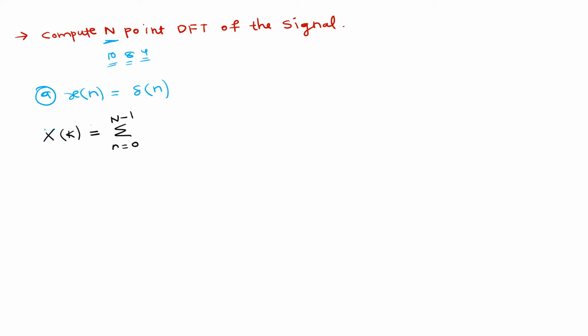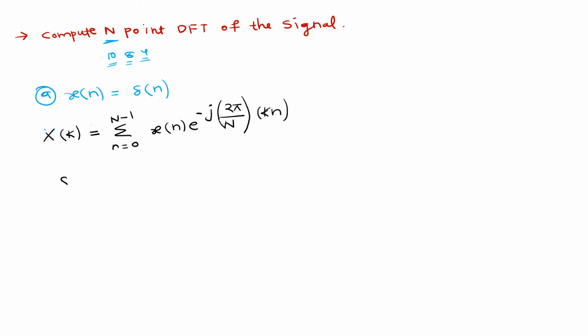So ఇక్కడ N అనేది ఏం వాల్యూ లేదు, just they have told us N point DFT, x of n e power minus j 2 pi by N kn. So this is the formula.